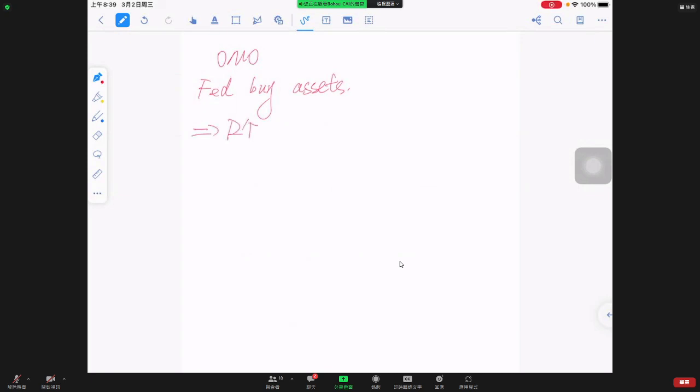And this is a component of the high-powered money. Recall H equals CU plus R, right? And this R increases, then this H, high-powered money, will increase. Okay.